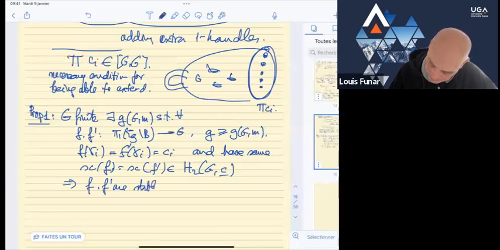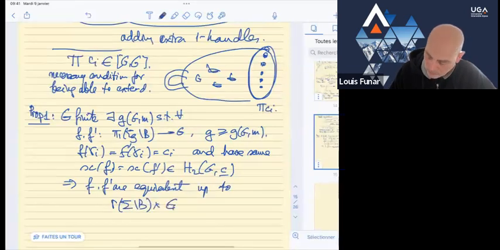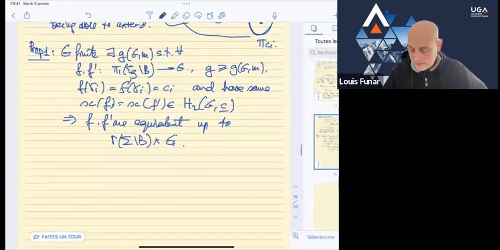Well, no, yeah, are equivalent. Sorry, are equivalent. That's it, the analog of the Dunfield-Thurston theorem, up to the action of gamma sigma minus B times the action by conjugacy by G. So this is precisely the same result.